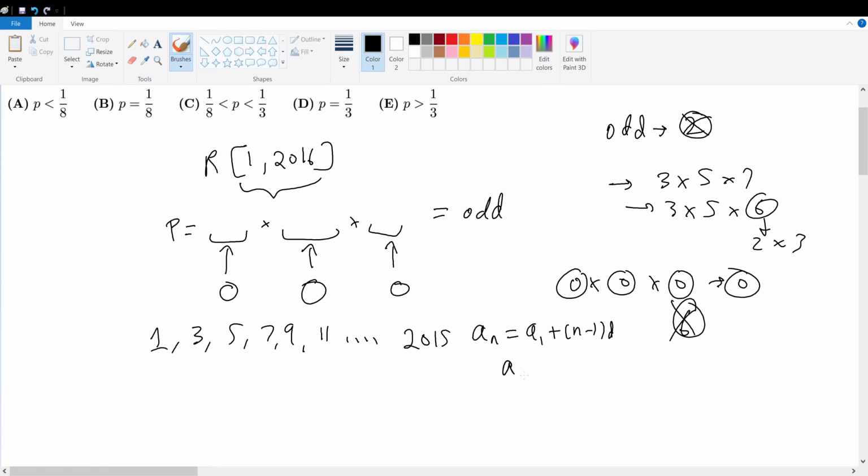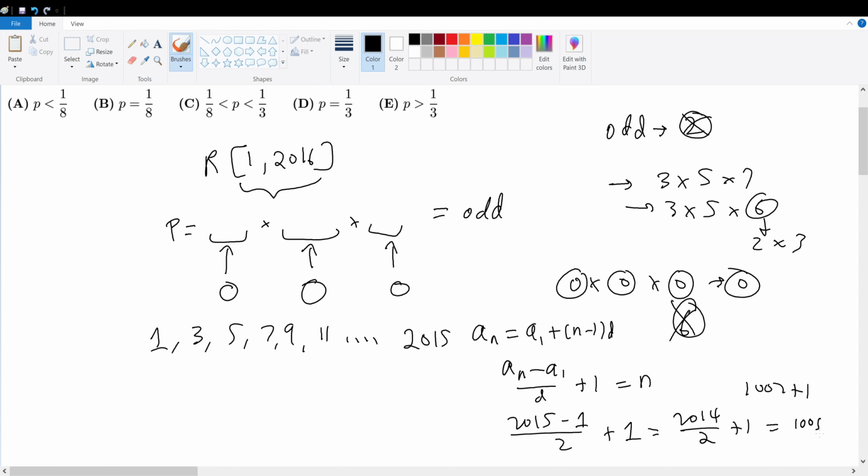So therefore, (an minus a1) divided by d, plus 1, will give me the number of terms. The last term is 2015, so 2015 minus 1 divided by the common difference of 2, plus 1, will give me n. So 2014 divided by 2 plus 1, which is the same thing as 1007 plus 1, which is 1008. So there's a total of 1008 terms that are odd. And so of all the 2016 possibilities, I have 1008 to choose from, right?